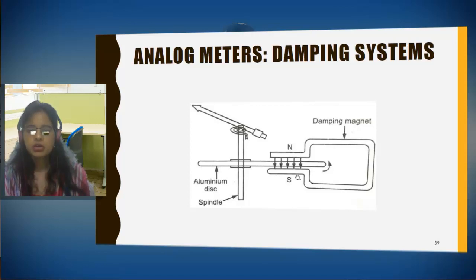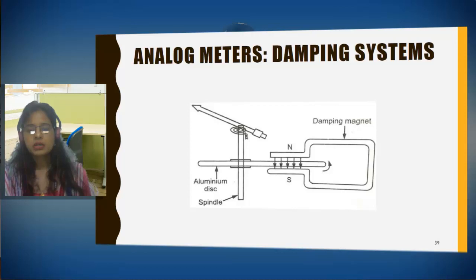Due to the production of EMF, there will be a flow of current which is known as eddy current, which flows over a metal surface when EMF is induced in it. Now that eddy current will develop a different magnetic field, because any conductor in which current is flowing produces its own magnetic field.